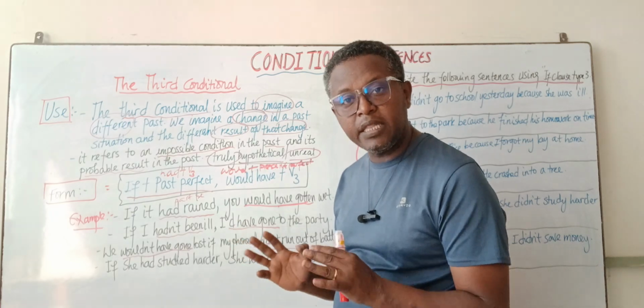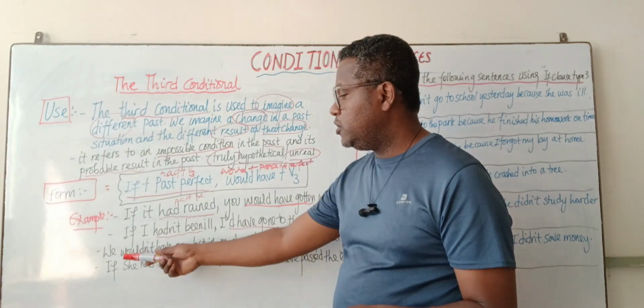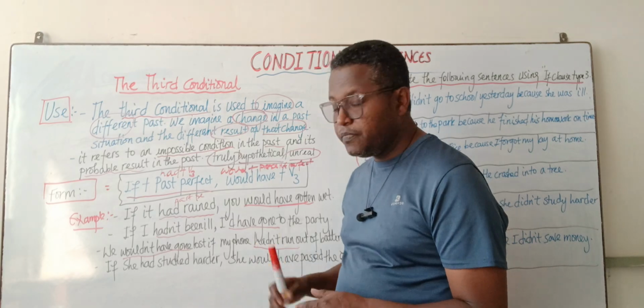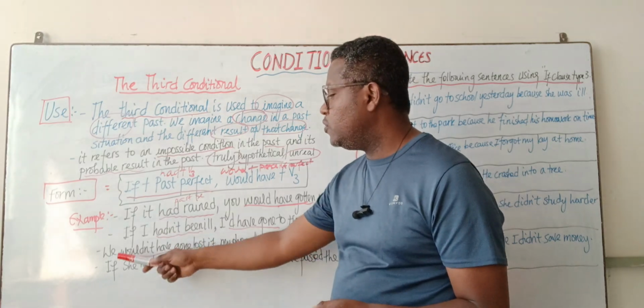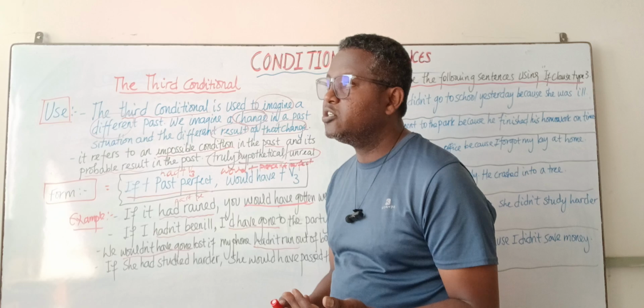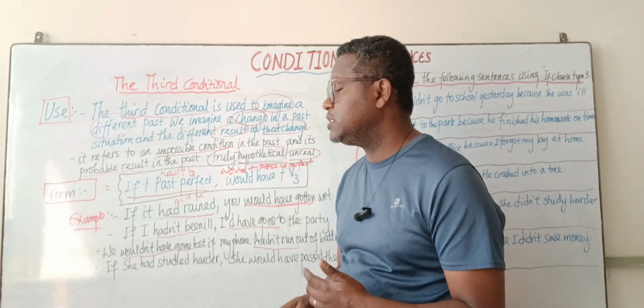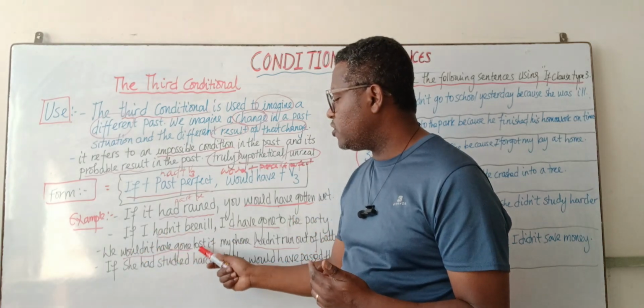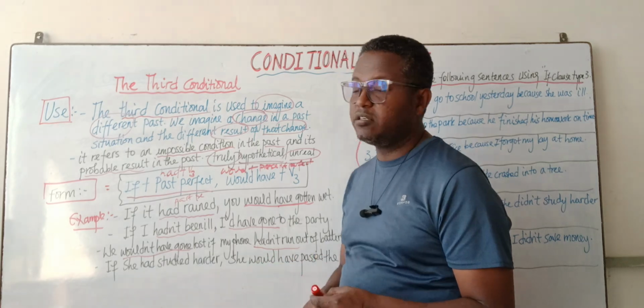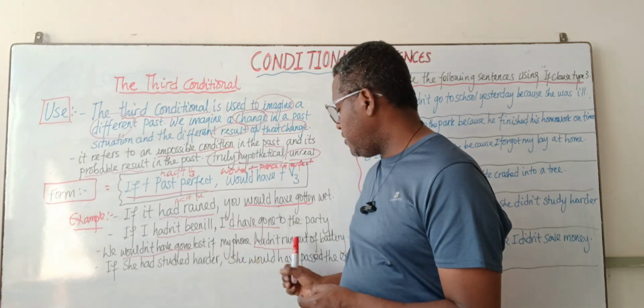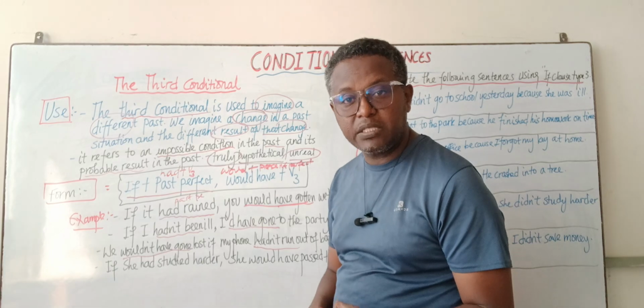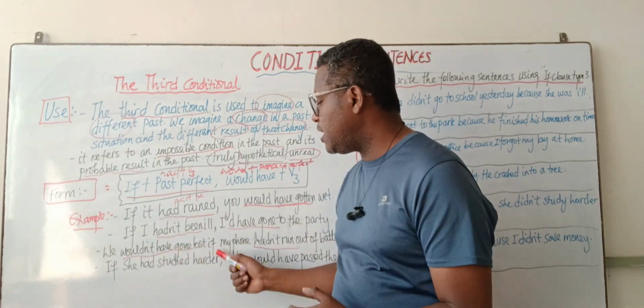It was all in the past, okay? So they were lost because the phone didn't have battery. When we want to express that situation using a conditional sentence, you can say, we wouldn't have gone lost if my phone hadn't run out of battery, or if my phone hadn't run out of battery, we wouldn't have gone lost.